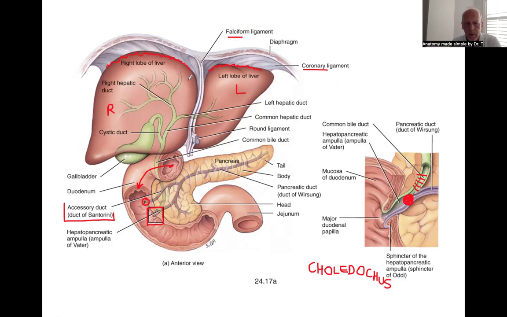Falciform ligament also anchors the liver to the underside of the diaphragm, but in its inferior and free margin, it will contain another important structure, which is called the round ligament of the liver, ligamentum teres hepatis. Actually, it used to be the umbilical vein.